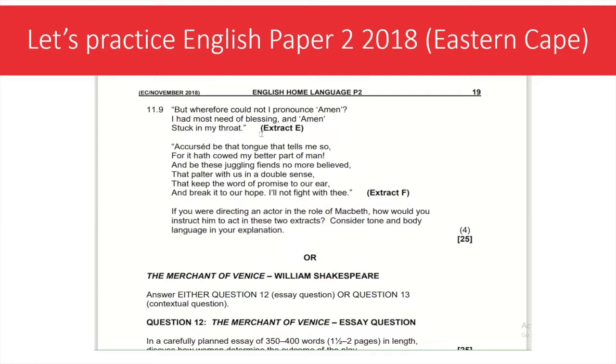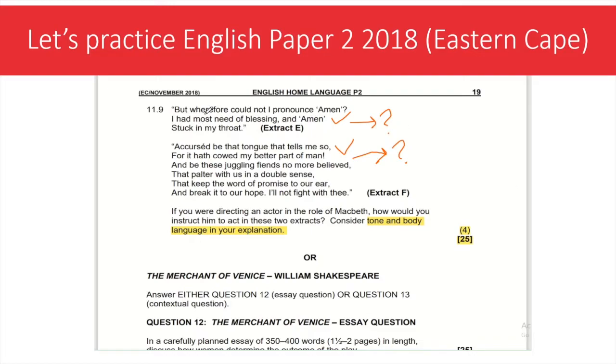So we need to look at extract E and extract F. You're going to give an explanation over here about tone. Why do you say so? You're going to get your marks. Then you're going to say how is he acting over here, and then say why and get your 2 marks.